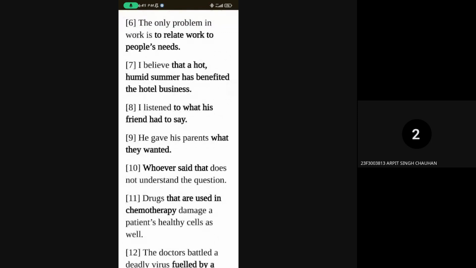Seventh one: I believe that a hot, humid summer has benefited the hotel business. This is also easy. If you've understood the concept, then you can answer. Is it adjectival?